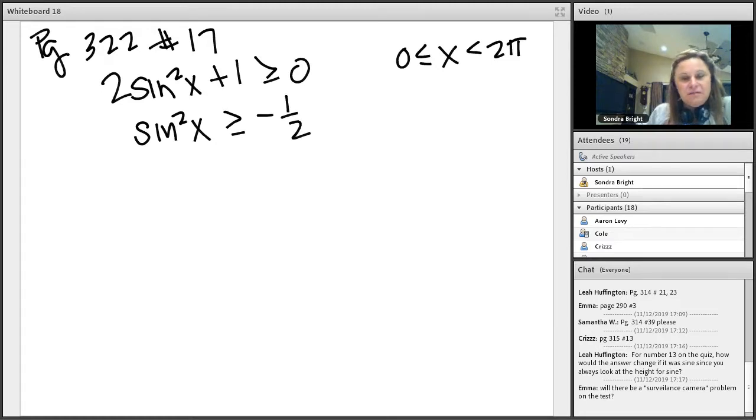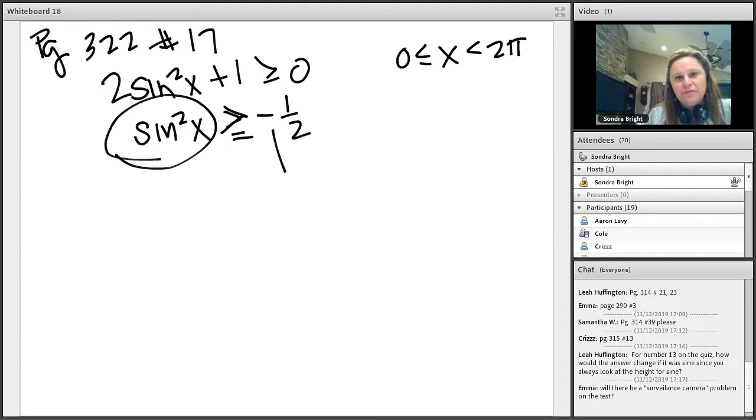So when is it? Well, okay, I don't even need to do any more. When is something squared greater than or equal to a negative?